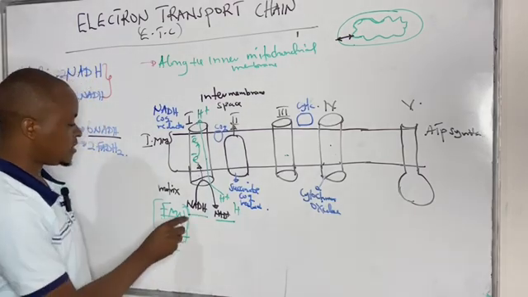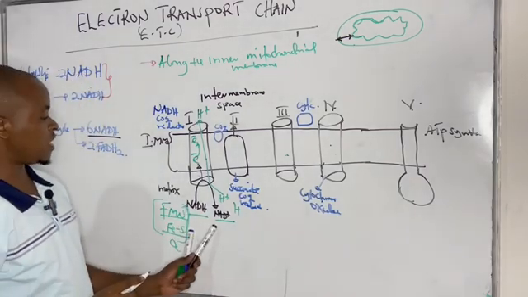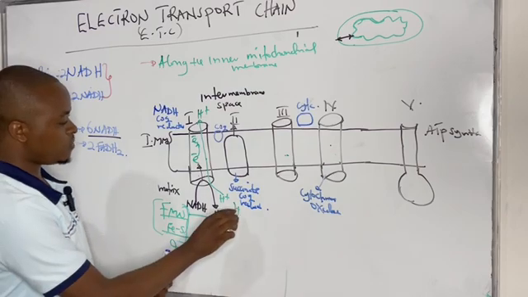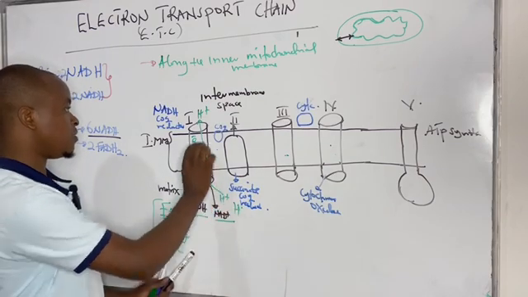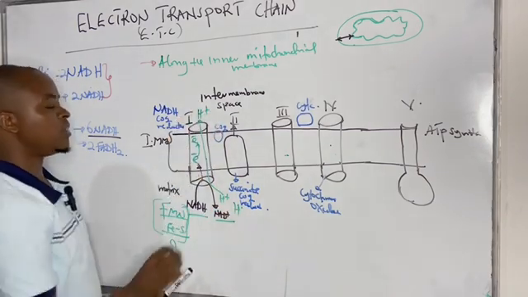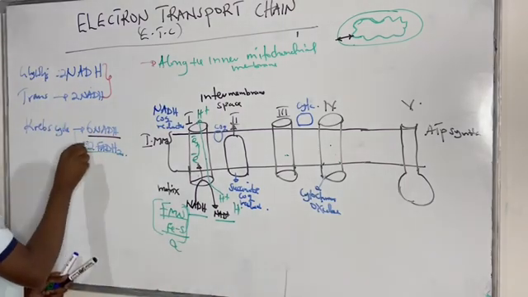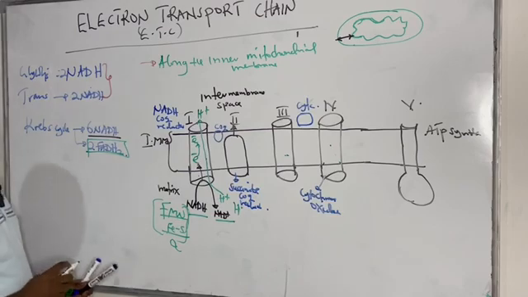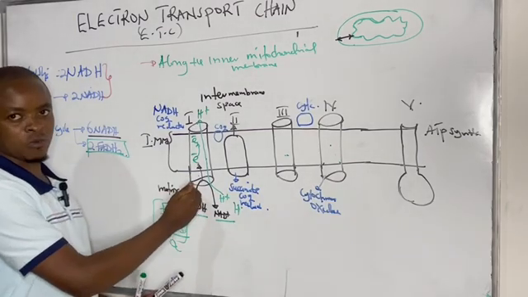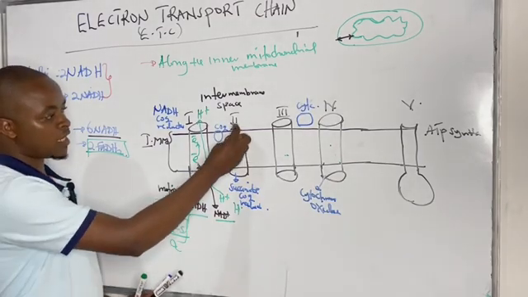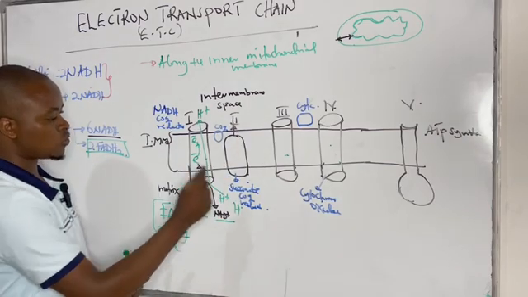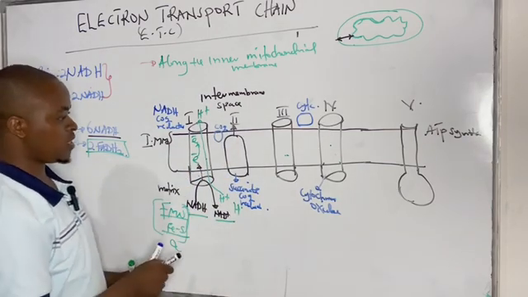So whenever NAD is oxidized by this dehydrogenase enzyme, the hydrogen or the proton is produced, passes through complex 1, and goes into the intermembrane space. Then the succinate, which is the product of the Krebs cycle, bypasses complex 1. It goes directly to complex 2, which we call succinate coenzyme Q reductase.